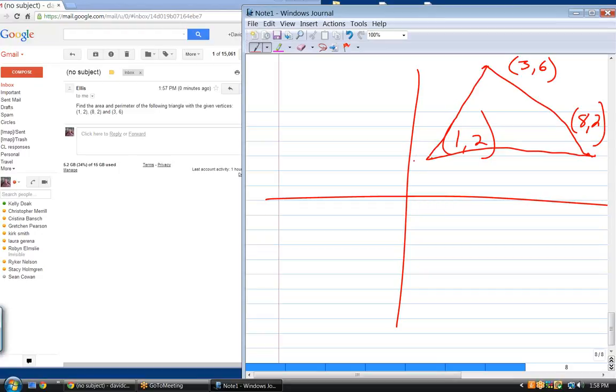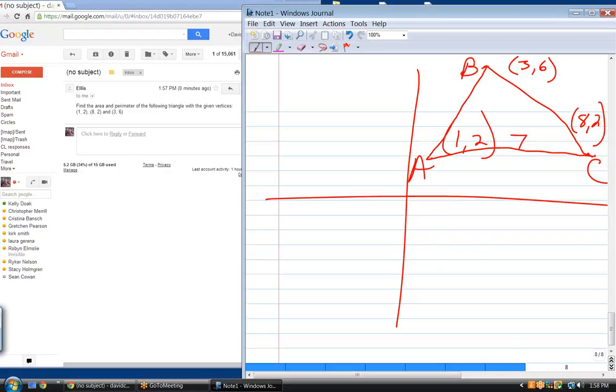Let's label that A, B, and C. What's the distance between A and C? Wouldn't you just subtract the x's and then the y's? Just the x's. The y's are the same. So it'd be 7. Okay, so that's 7.